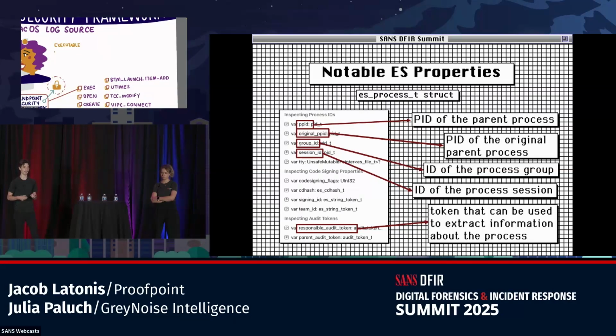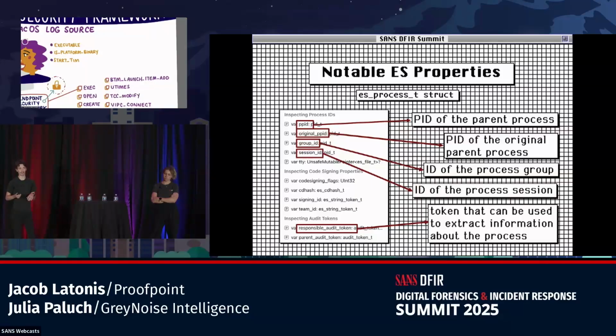And it keeps track of that, so that way if you're ever having to build things out or look for correlation or anything like that, you actually get the original PID and then the PID of when the process ended. We also have group ID, so if there's a group of processes, you will be able to also correlate via that. And then there's also the process session ID, which you can track. And then finally at the bottom, we get the audit tokens.